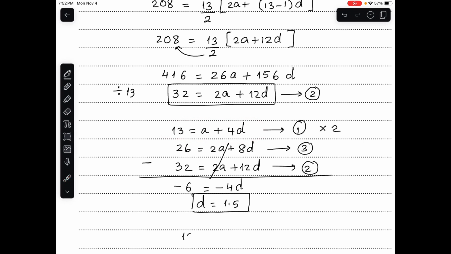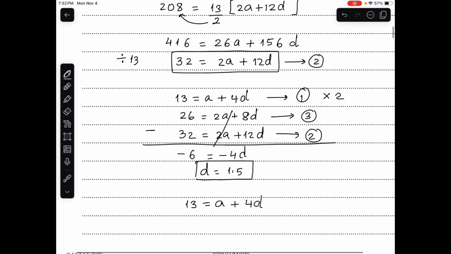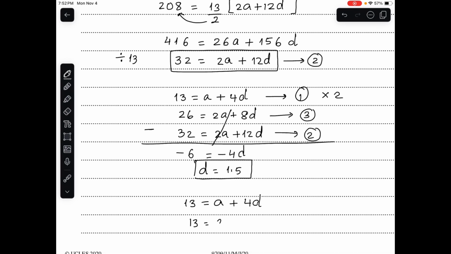Just for convenience, I'm going to choose 13 equal to a plus 4d. Substituting d as 1.5, a would be equal to 13 minus 4 times 1.5, which is 6. 13 minus 6 gives me a as 7. So you have got a equal to 7 and the value of d is 1.5.